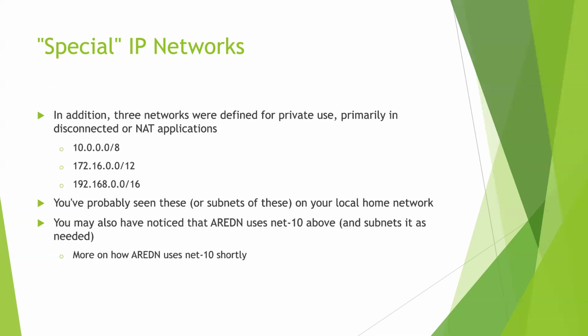In addition, there were 3 networks that were defined for private use, primarily in disconnected or NAT applications. And this is where your disconnected net would probably fit in. And they are 10.0.0.0/8, which is a full class A, so 16 million hosts, right? 172.16.0.0/12.